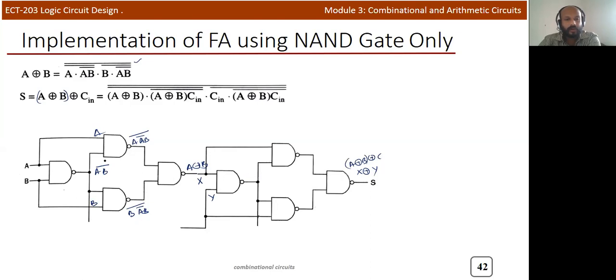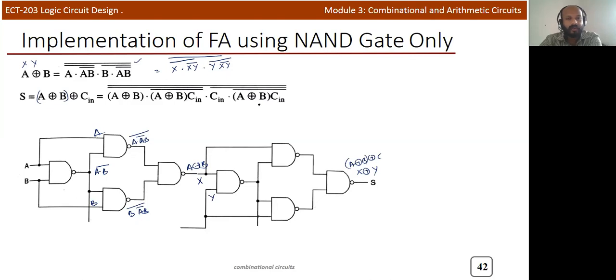If you want to express this in the expanded form, here it is X and Y. If X and Y are the inputs, the final expression will be like this: X·(XY)' the whole bar, and again bar, into Y·(XY)' the whole bar, and again the whole bar.